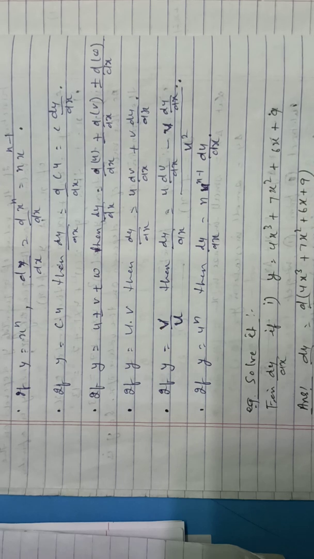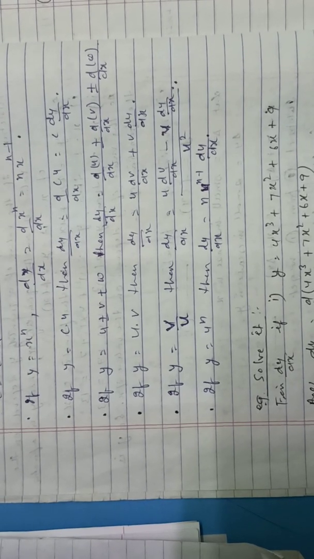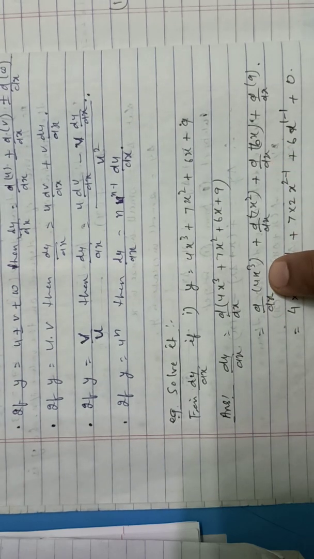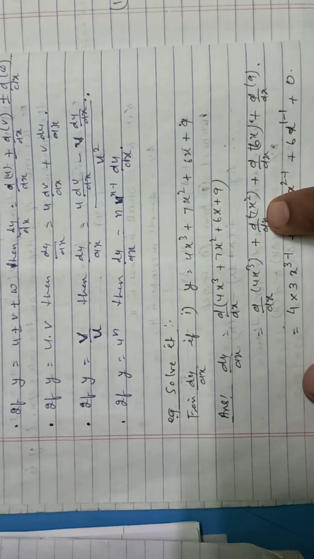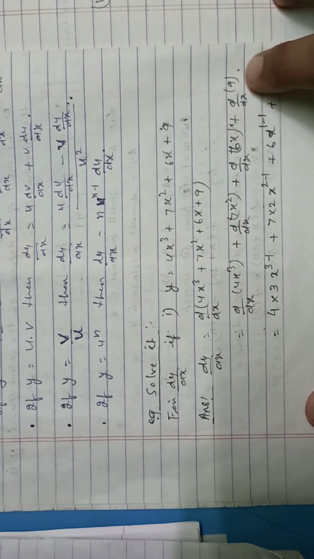In the beginning you have to differentiate each and every term, so we write d by dx of 4x cube plus d by dx of 7x square plus d by dx of 6x plus d by dx of 9.